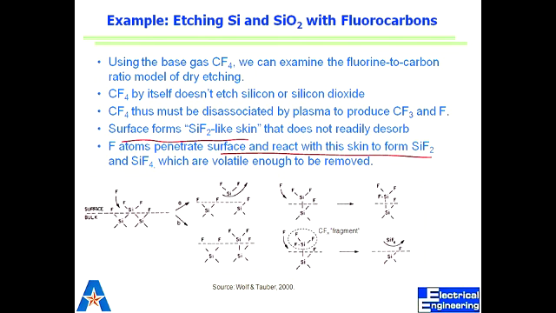That SiF2 is just like a skin that does not readily dissolve, and fluorine atoms penetrate this thin surface and react with this skin, that is SiF2, to form SiF4 or Si2F6. So they are actually in the volatile form, and they can be removed from the surface.